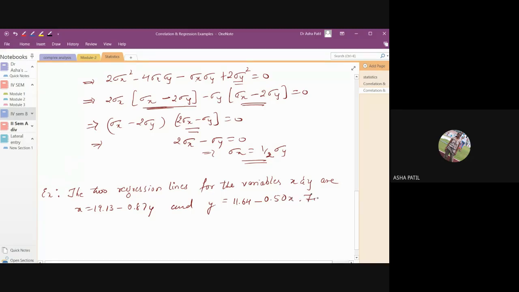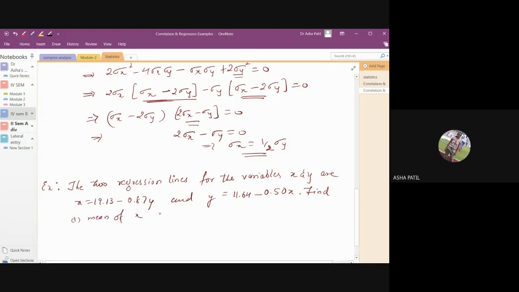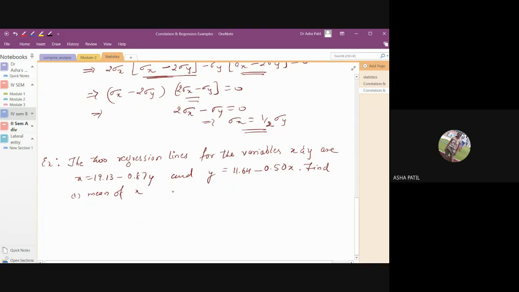Find first, the mean of x, second, the mean of y, and third, the coefficient of correlation between x and y.